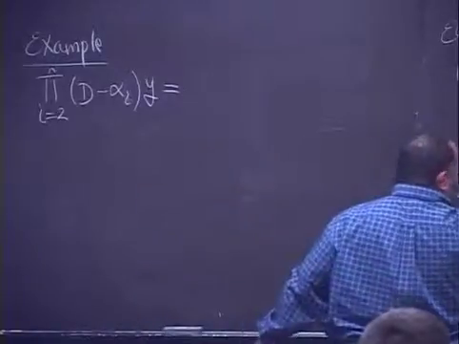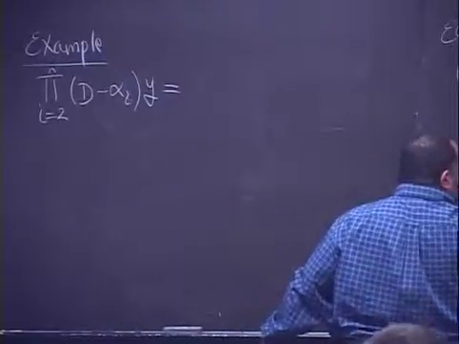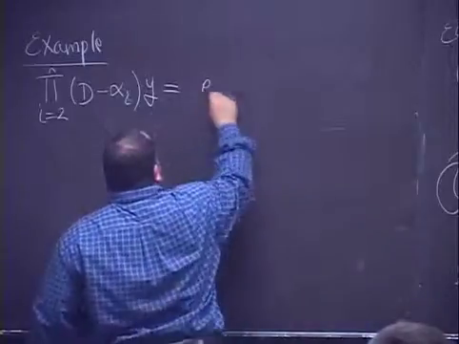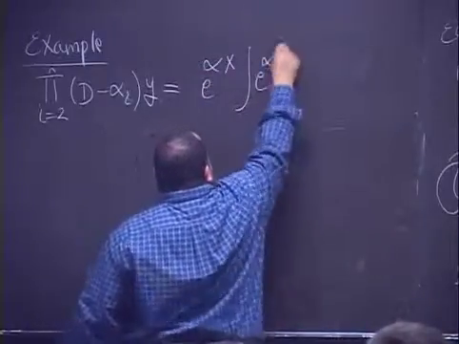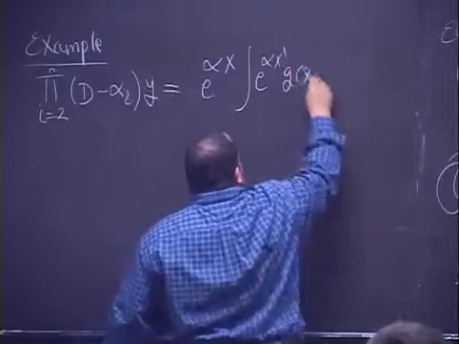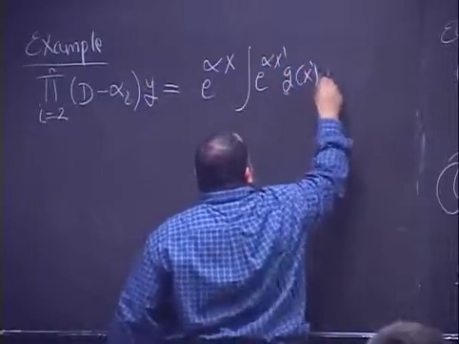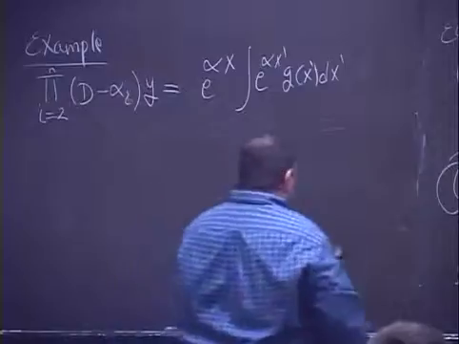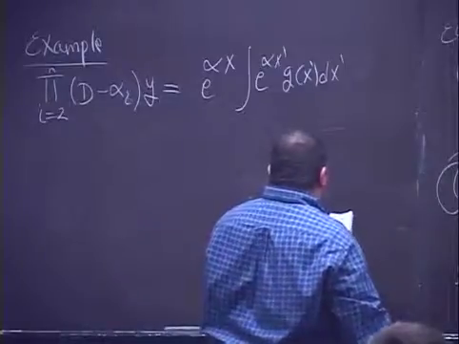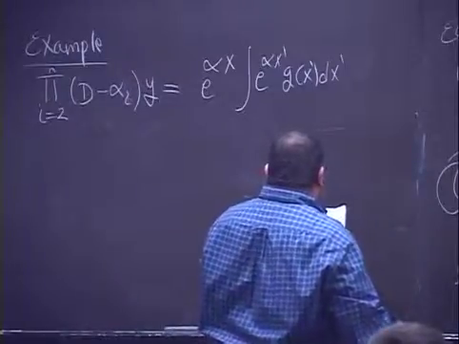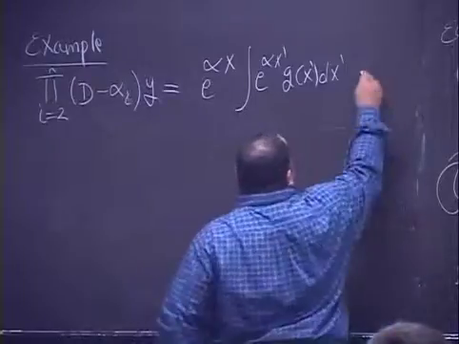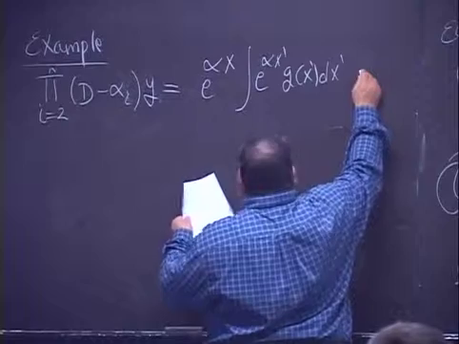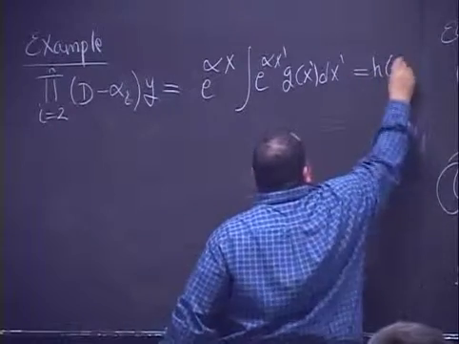For the particular integral, c is equal to 0. So it will be e to the power of alpha x times the integral of e to the power of minus alpha x prime, g of x prime, dx prime. Yes? Okay. And this will be equal to what? I will call this h of x.